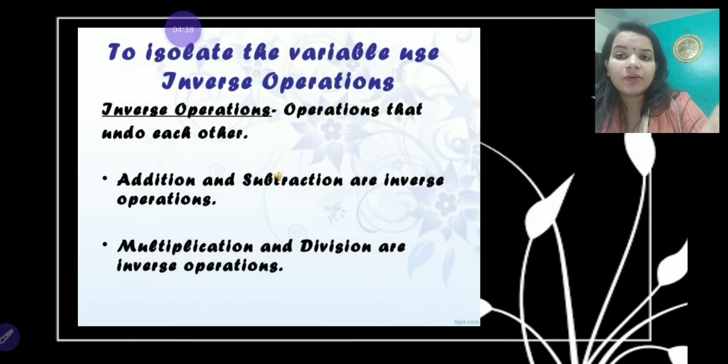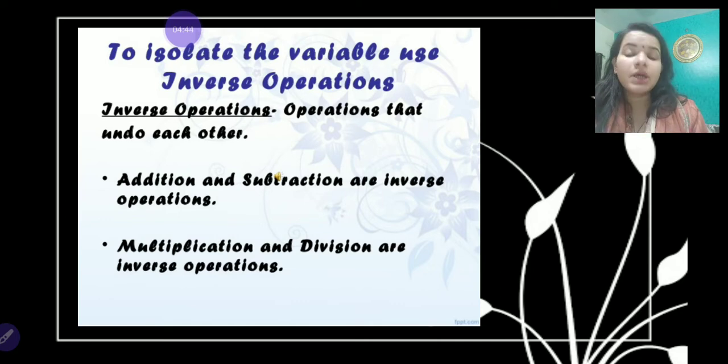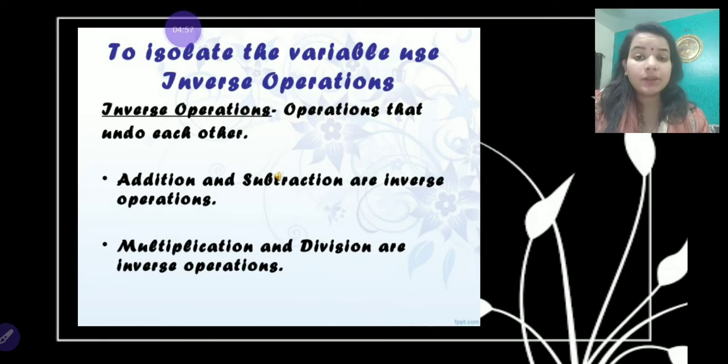To isolate the variable, we use inverse operations. Inverse means opposite. I have told you about inverse and opposite in your integers chapter, right? So inverse operations are the operations that undo each other, that means they cancel out each other.